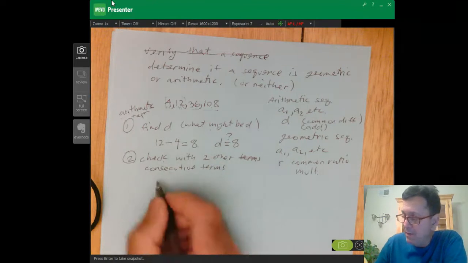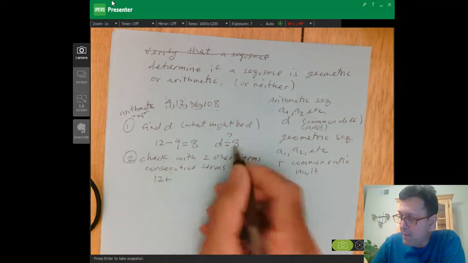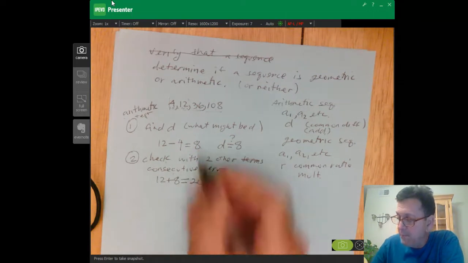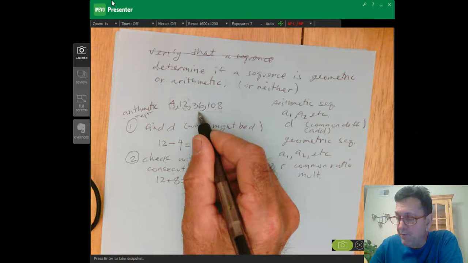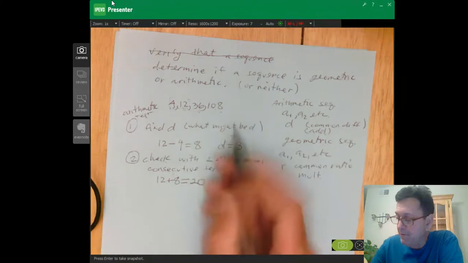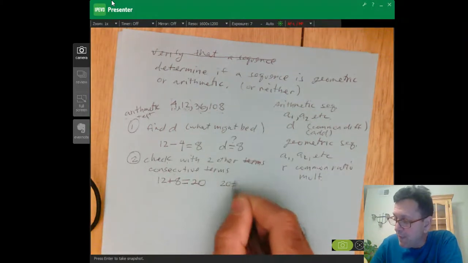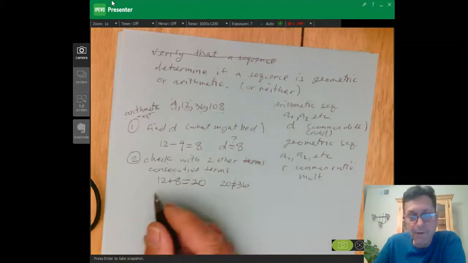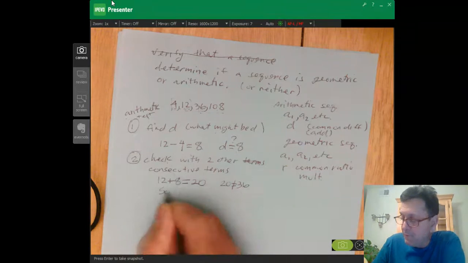So we test it, and if we say 12 plus 8, that gives us 20. But notice our third term is 36. 20 is not equal to 36, which is a sub 3.